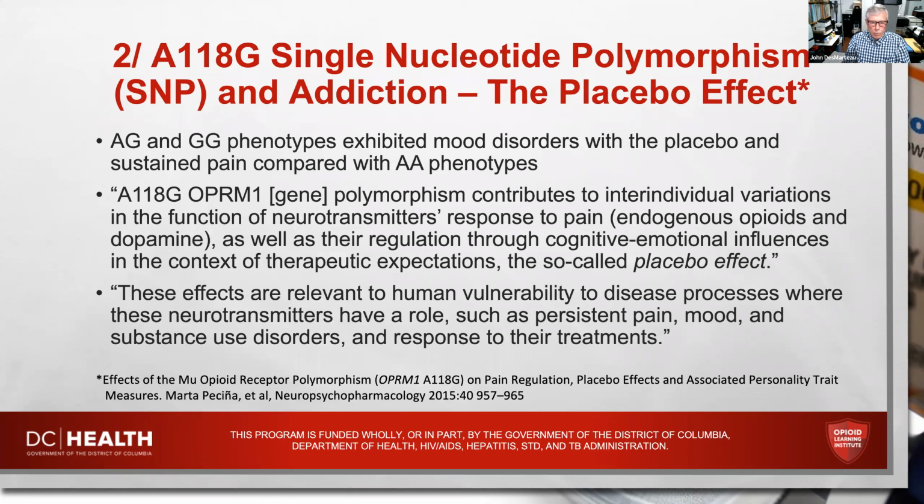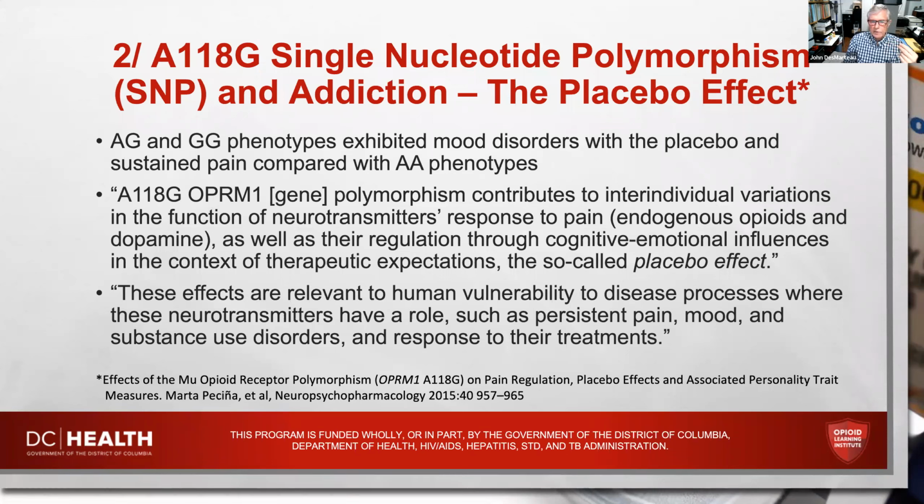Okay. Well, what they found was that the people who had either the heterozygous or homozygous form had unrealistic expectations of what they should expect from the control, which shouldn't have caused any pain, and that's the placebo effect.